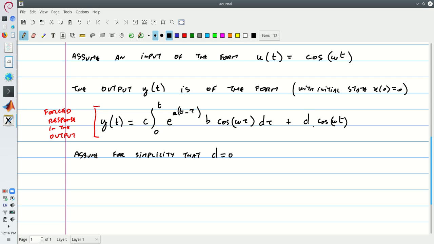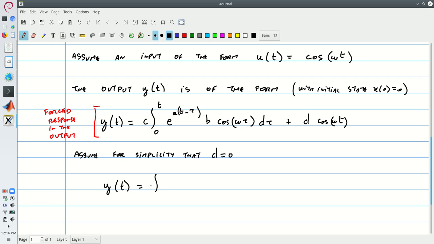Just remember to add d cosine omega t to what you have been writing. So just for simplicity, we'll do our analysis considering d equal to 0. So in this slightly simplified scenario, y of t looks like this.